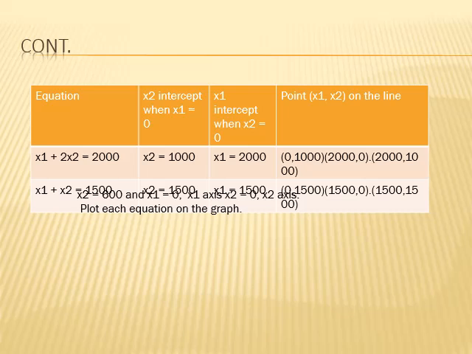Okay. x2 obviously equals 600 and x1 equals 0, on the x1 axis, x2 equals 0, x2 axis. So plot each equation on the graph.